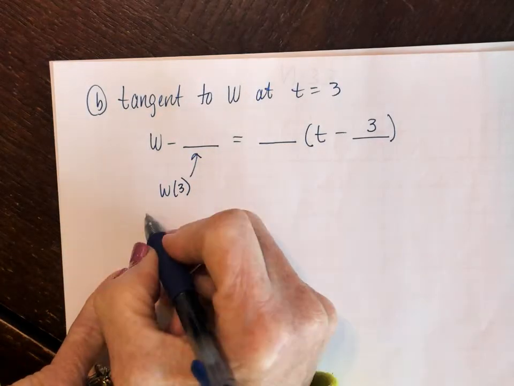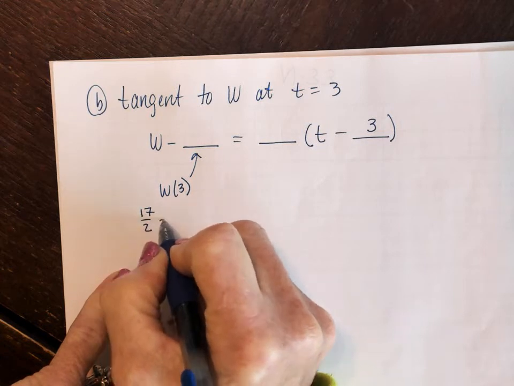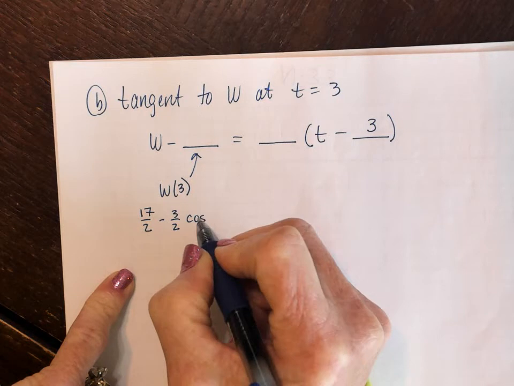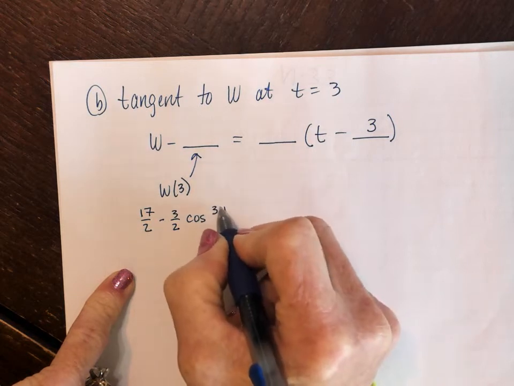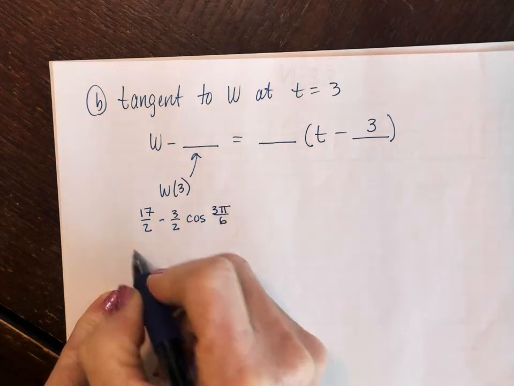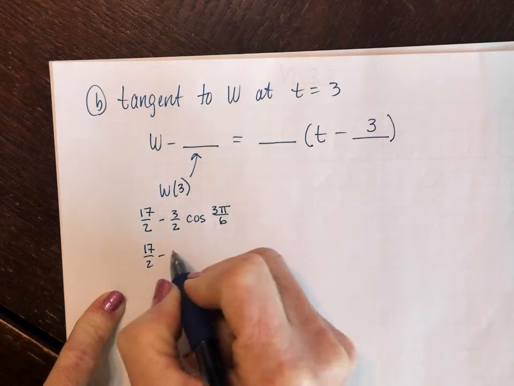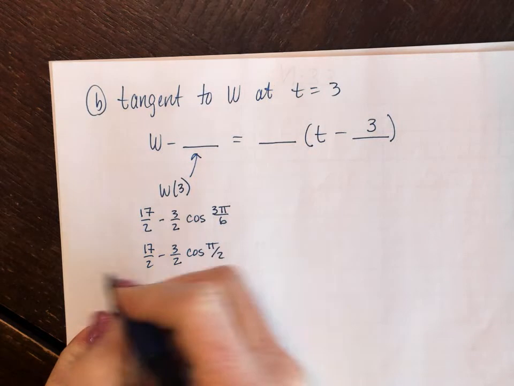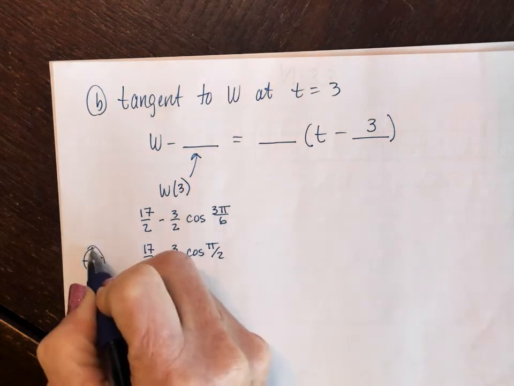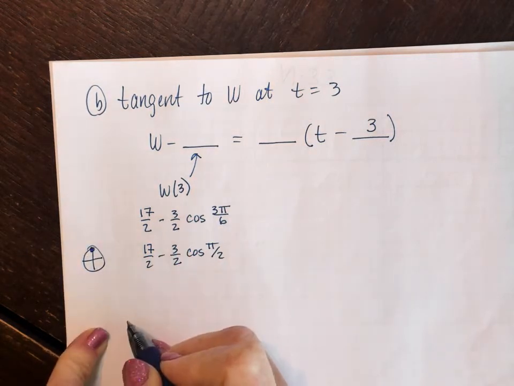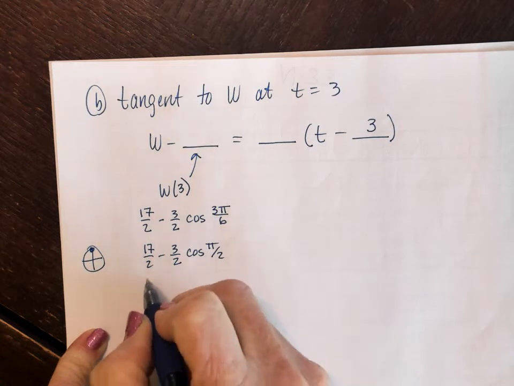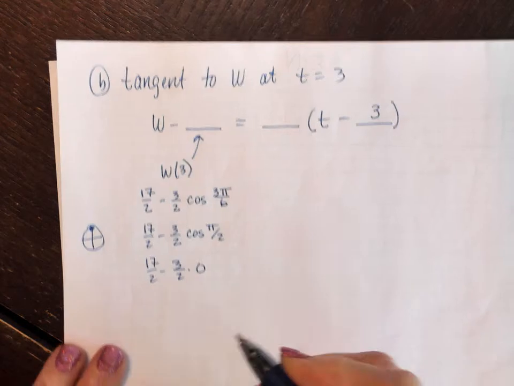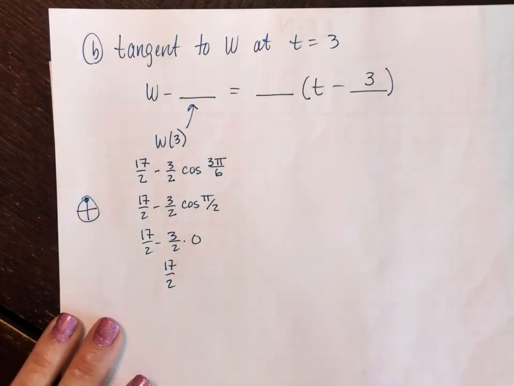That's going to be 17 halves minus 3 halves cosine of pi t over 6, so 3 pi over 6, 17 halves minus 3 halves cosine of pi over 2. Pi over 2 is up here. Cosine there is 0. So we have 17 halves minus 3 halves times 0, or 17 halves.